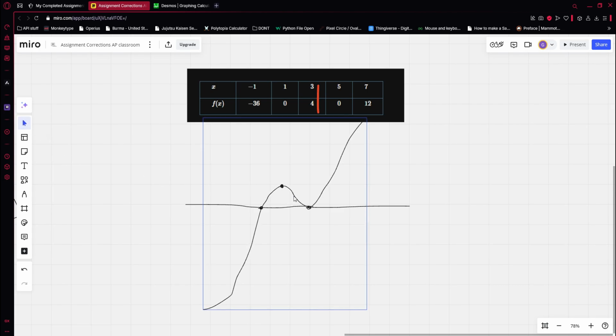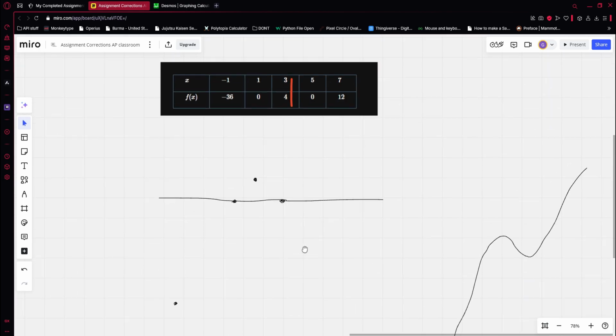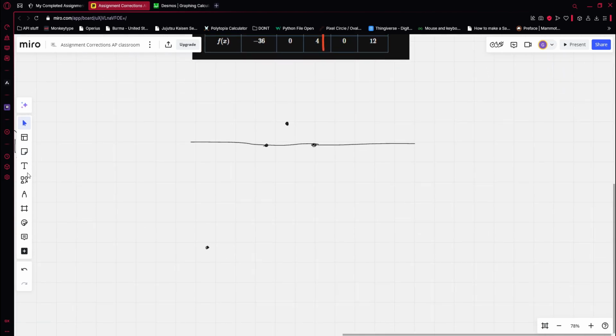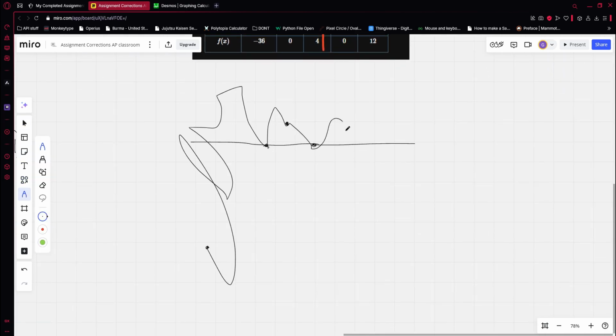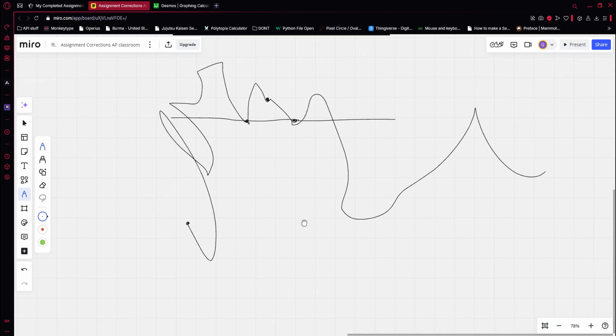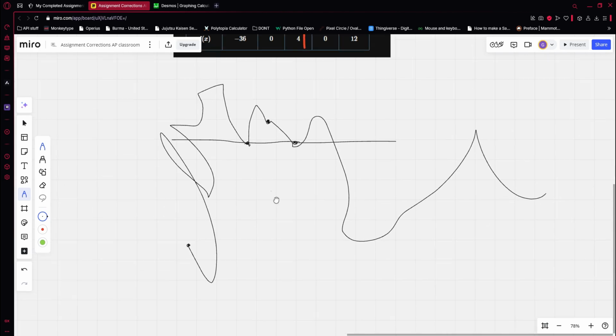If anything, the track between the points, let me just put a dot right here. Track between the points is entirely made up by us. This could be wrong, right? We could delete that, and the function could actually go like this. Right? Makes no sense, but again, we don't have the graph.